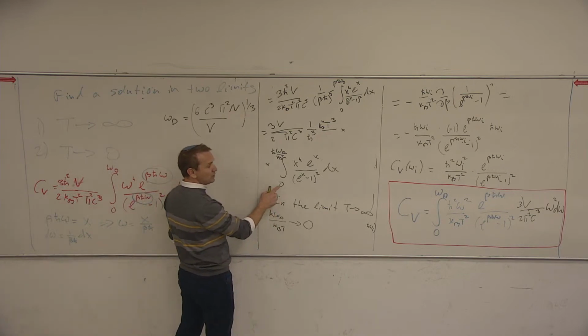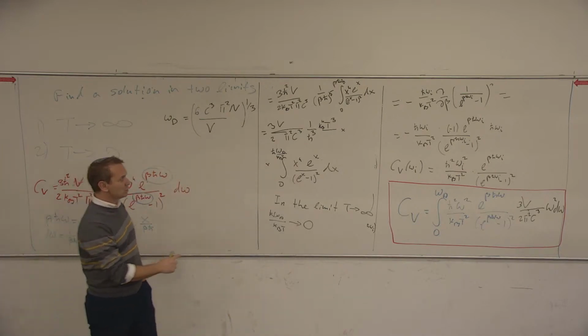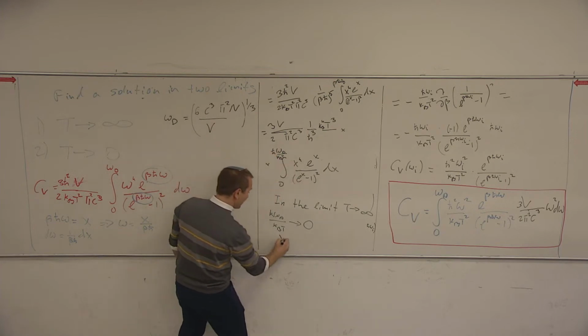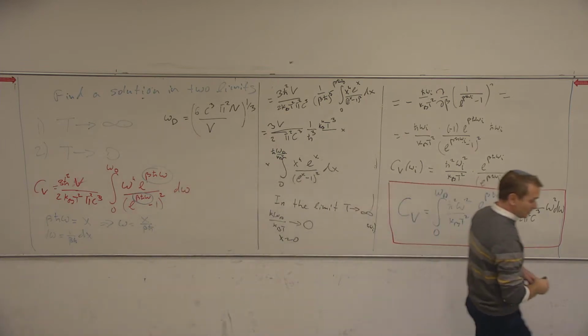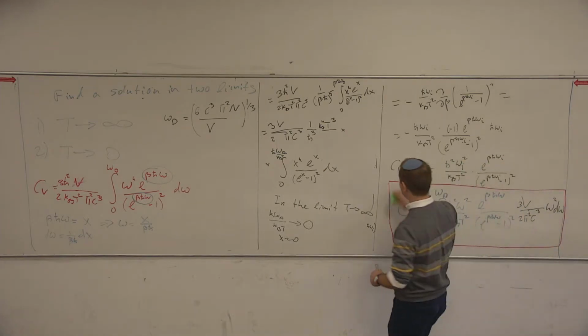The limits of the integral are from 0 till something extremely small. I'm looking at very large temperatures, so the upper limit is very small. I know that all the x's are small. x is approximately 0 everywhere. So the answer is 0? No, the answer cannot be 0.